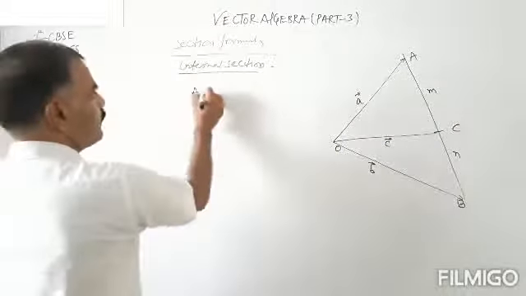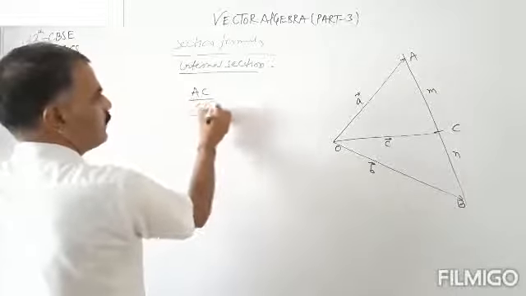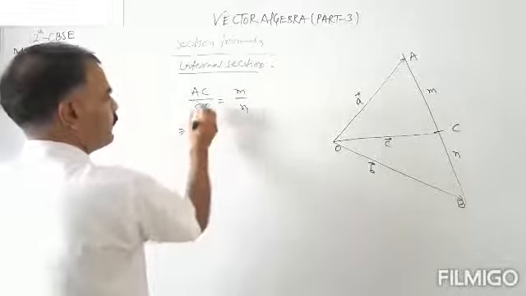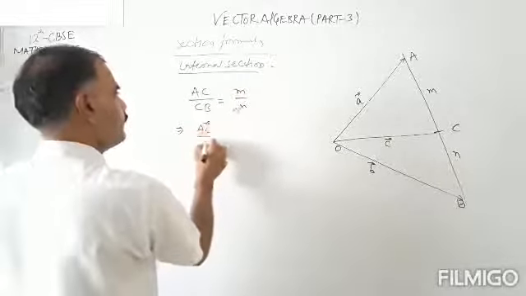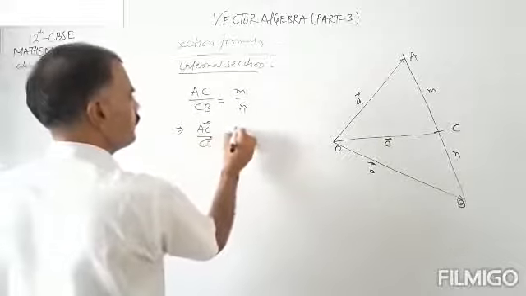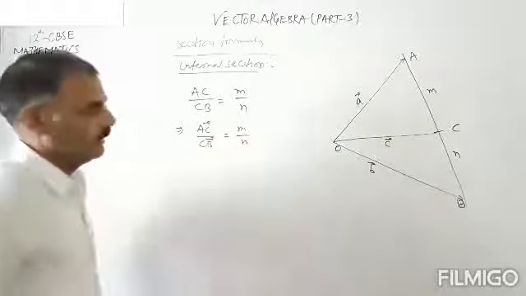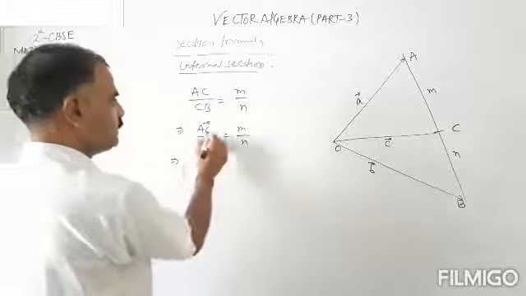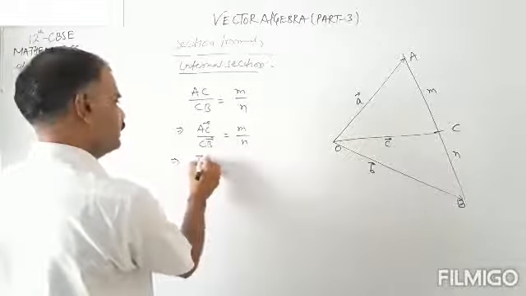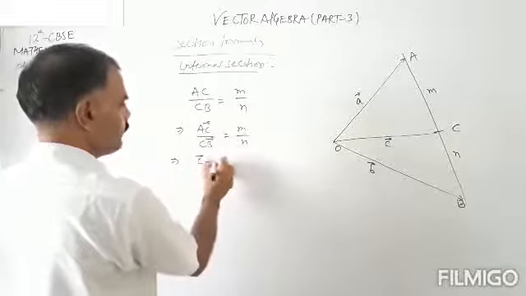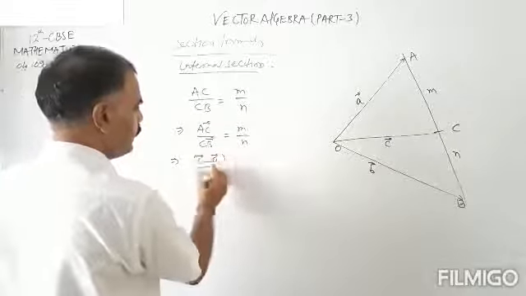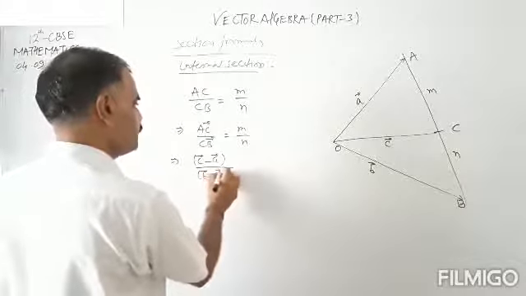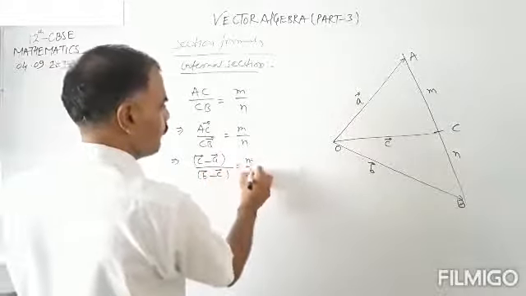So AC vector upon CB vector is equal to m upon n. Now AC vector means the position vector of C minus the position vector of A, upon the position vector of B minus the position vector of C, is equal to m upon n.